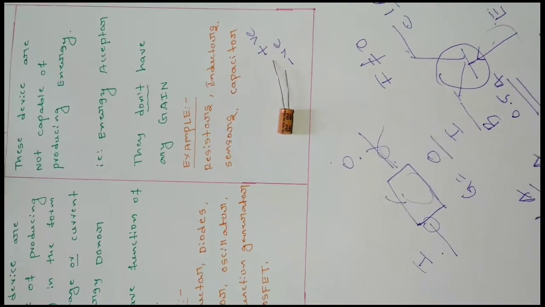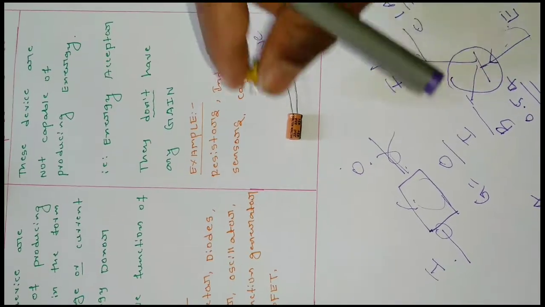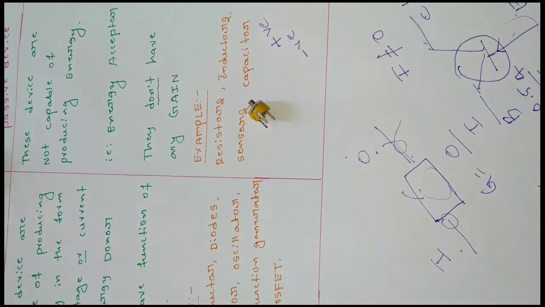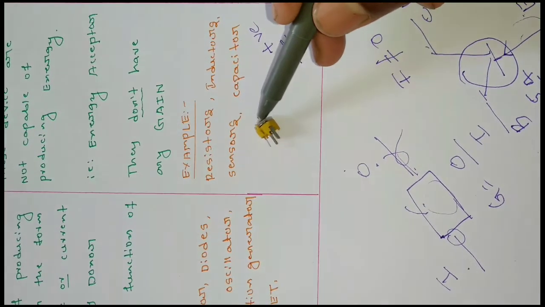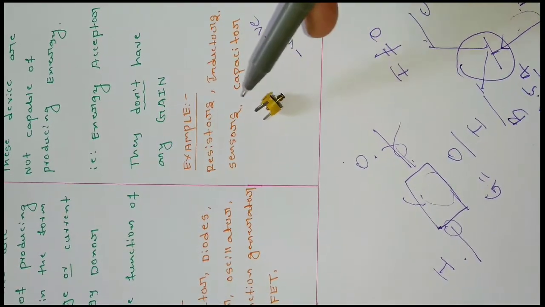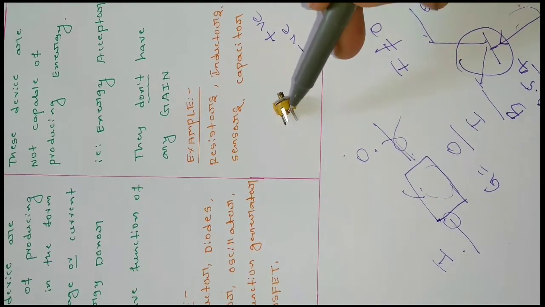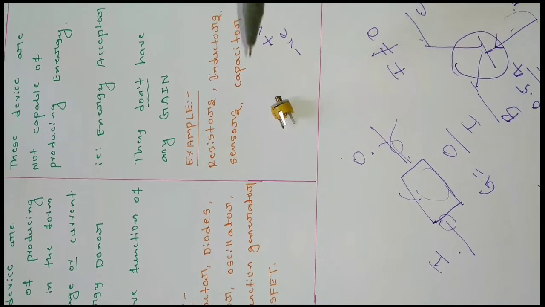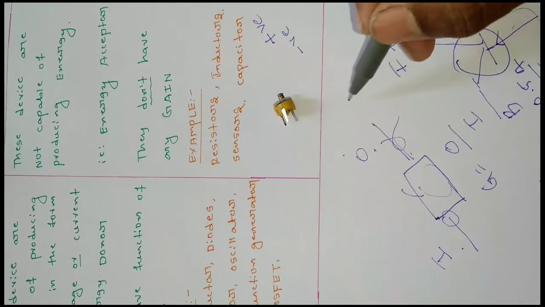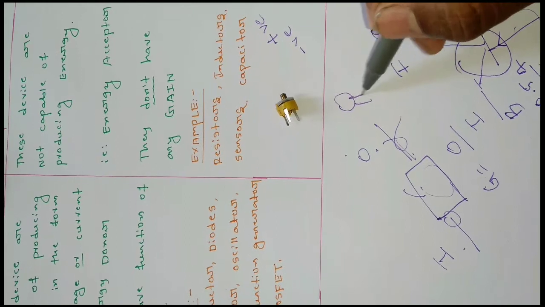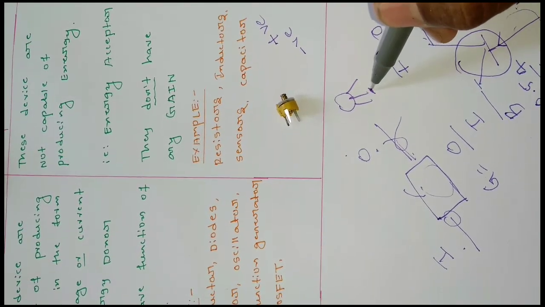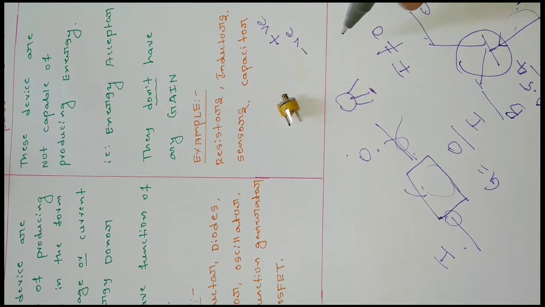I have another capacitor here, that is a trimmer capacitor or a variable capacitor. It has three notches, 1, 2 and 3. Either we can use this one and this one, or you can use this one and this one. The middle one is common for both. Capacitors generally have two leads, right?